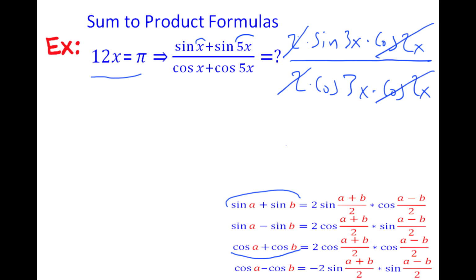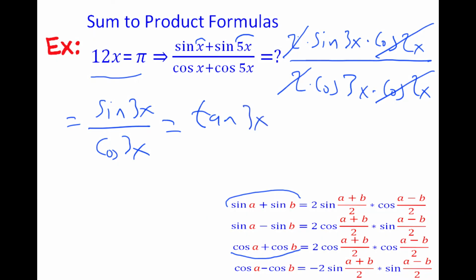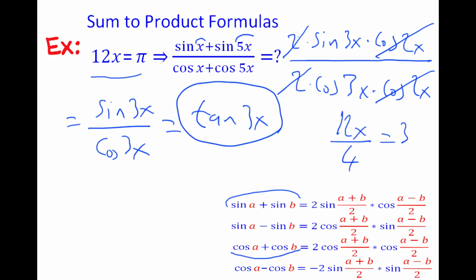You can simplify the fraction, and once you do it, then we're going to have sine 3x, let me write it here, sine 3x divided by cosine 3x, guys. And again, sine divided by cosine is tangent, right? So we're going to have tangent 3x from here. And by the way, 12x is given to us as already pi. That means, guys, if you divide 12x by 4, then we have 3x, right?